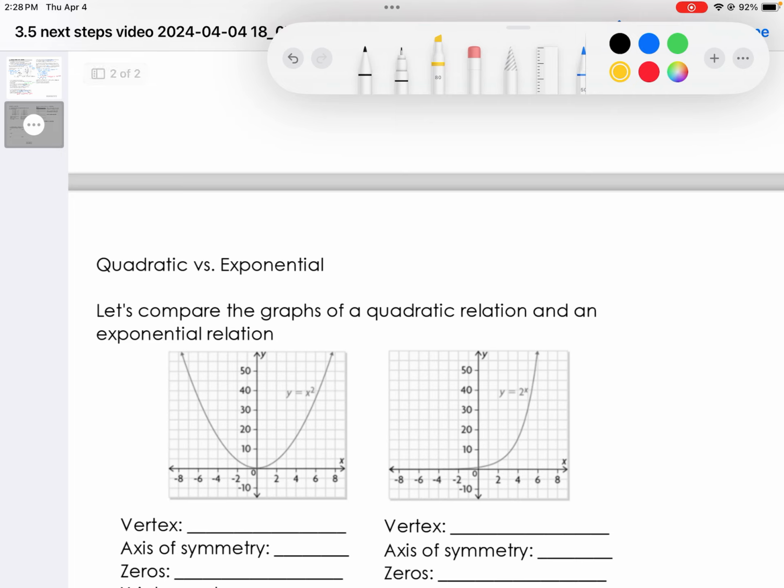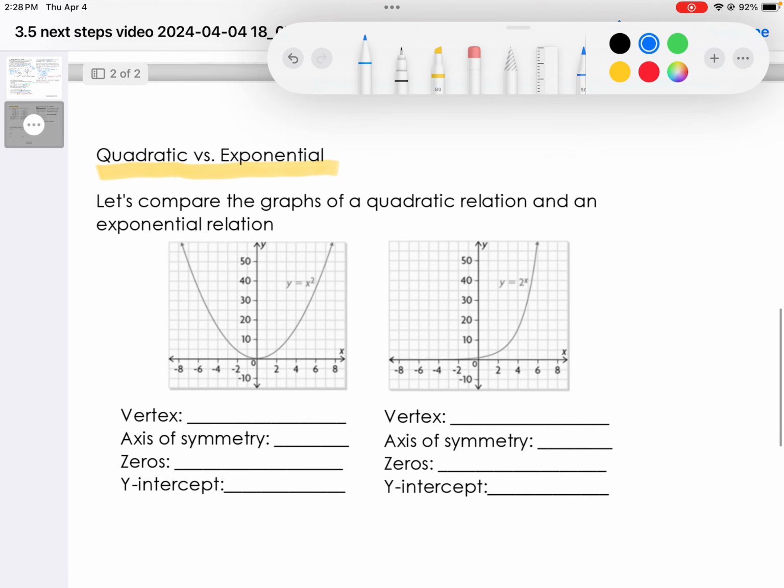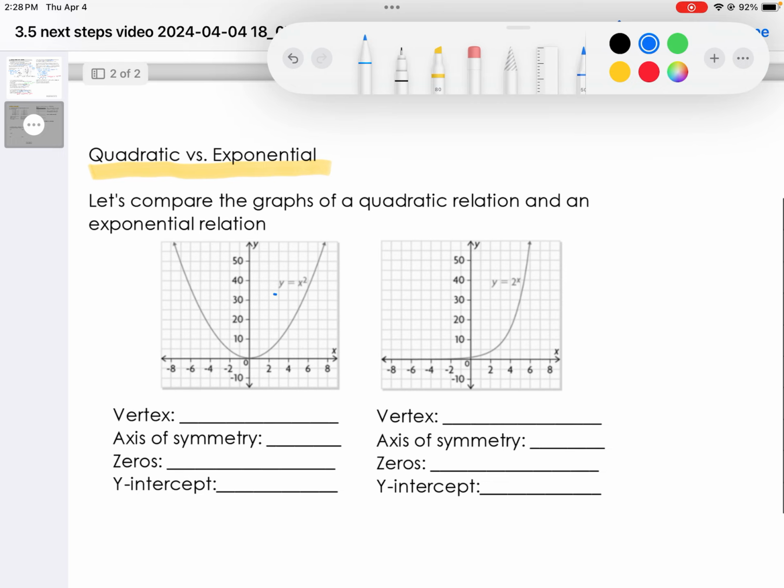All right, so a quadratic is a special case of exponential graphs, but there are other cases. So when you have a quadratic, the vertex of the base quadratic, y equals x squared, the vertex is 0, 0. There is symmetry. The zeros are 0.